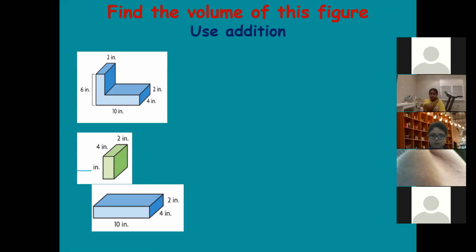Clear? Okay, Misk, are you there? Tell me, what are the dimensions of the green part? It is broken up like this, okay?